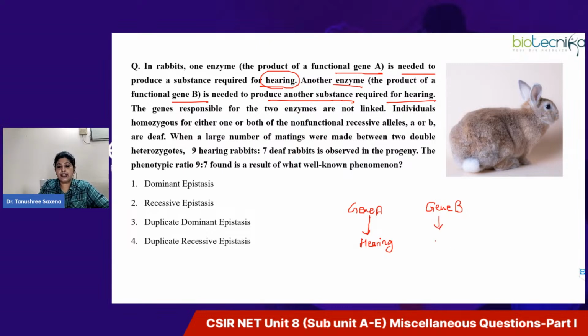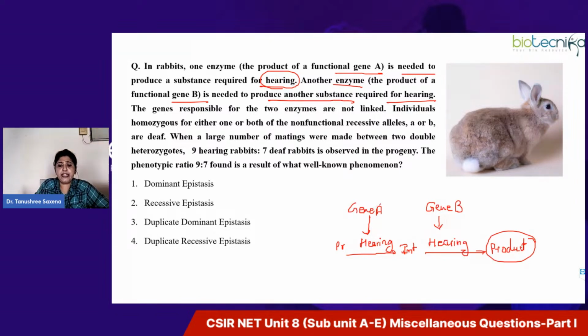So we can say that it's maybe a pathway where we have a precursor which is converted into the intermediate by the product of gene A, and this intermediate is finally converted into the final product by the product of gene B. And this product which is formed is finally responsible for hearing.